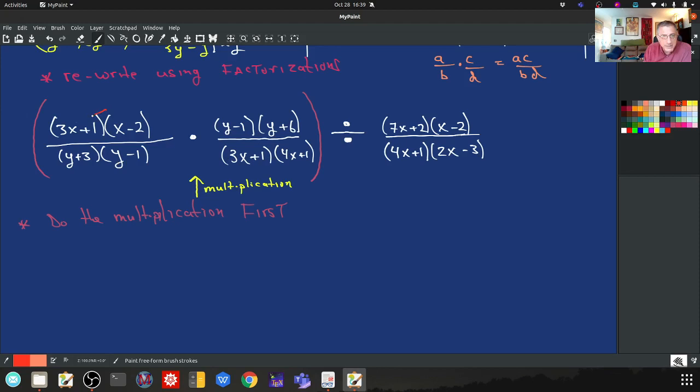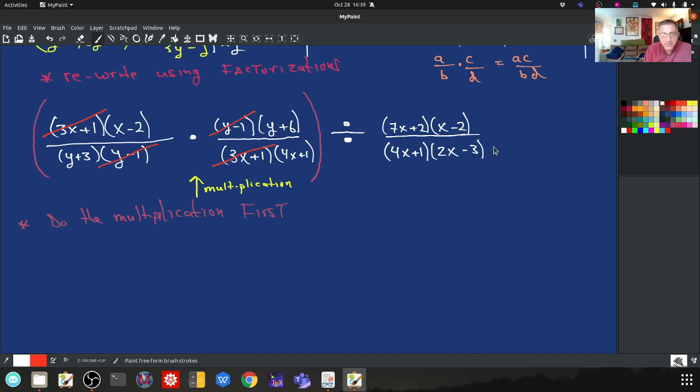So that means that 3x plus 1 factors cancel. Now let's go to the x minus 2. Is there an x minus 2 in the denominator? No, so it remains. What about y minus 1? Ah, there's a y minus 1 right there. So the y minus 1's cancel. What about y plus 6? There is no y plus 6.